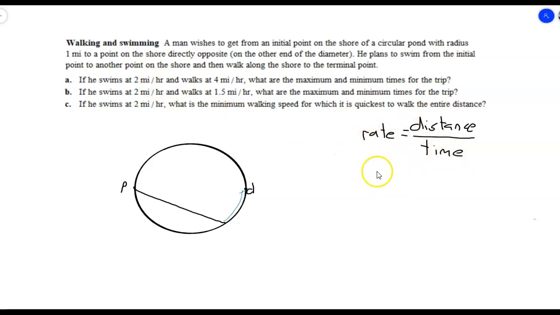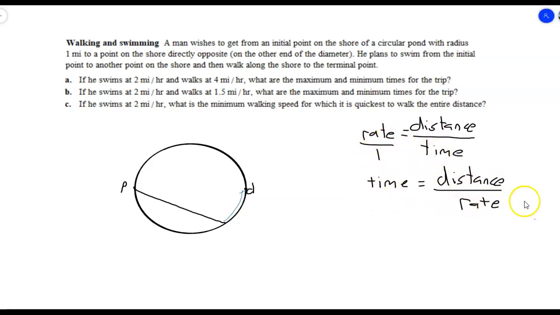If we do a little cross multiplying and dividing, we can also get that the time is going to be equal to the distance over the rate, right? Just cross multiply this and then divide both sides by rate.